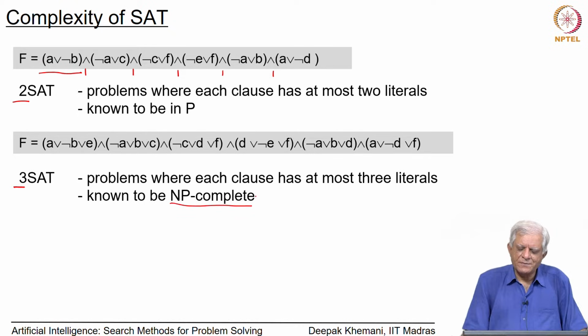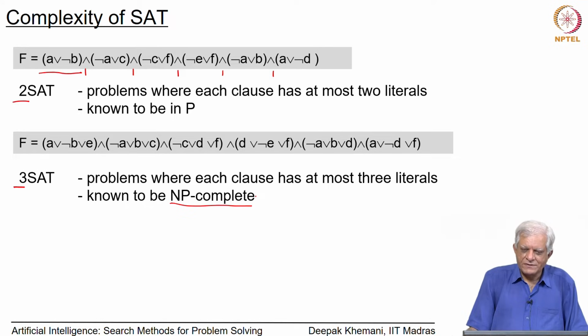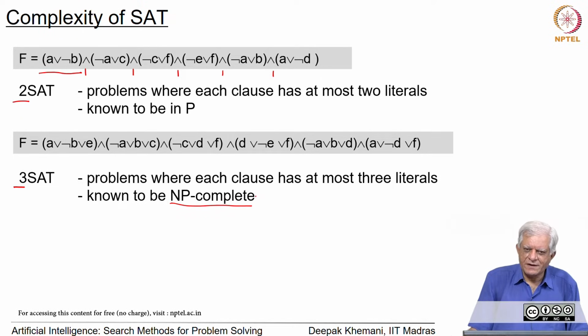So, remember that NP complete is that class of problems which can be solved in polynomial time, provided we have a non-deterministic machine. NP stands for non-deterministic polynomial time, and these problems typically are hard to solve.